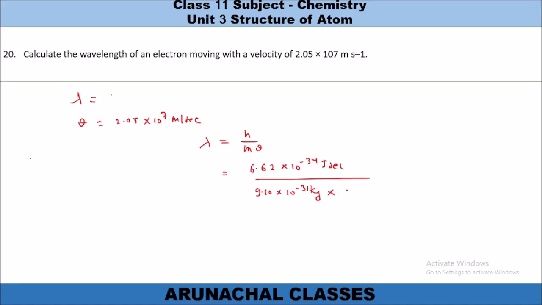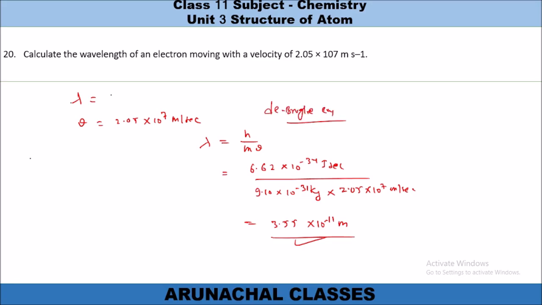Then the velocity of the moving electron is given as 2.05 multiplied with 10 power 7 meter per second. When we calculate this equation, we will get 3.55 multiplied with 10 power minus 11 meter. So this is how we find the wavelength here by using the de Broglie equation.